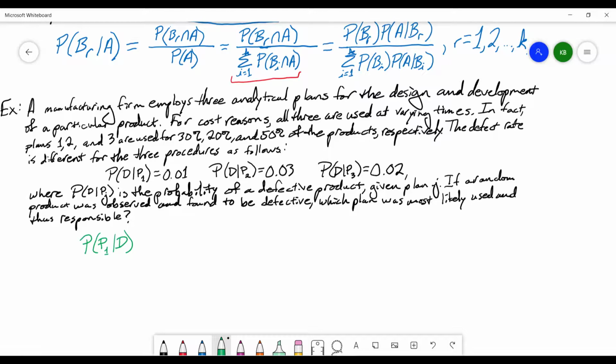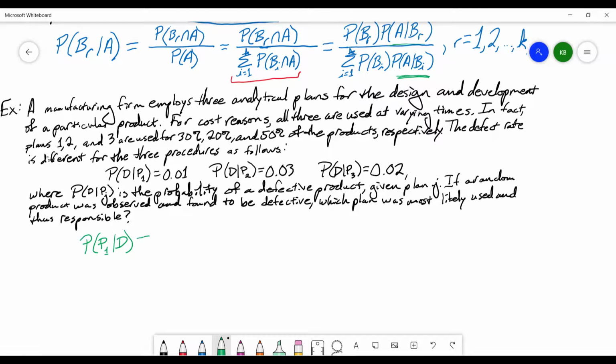So Bayes' rule tells me that I can use all of these conditional probabilities that I have in order to figure out this new conditional probability.